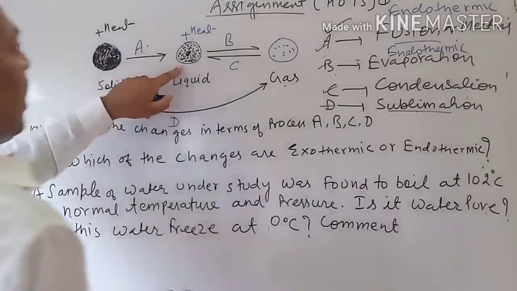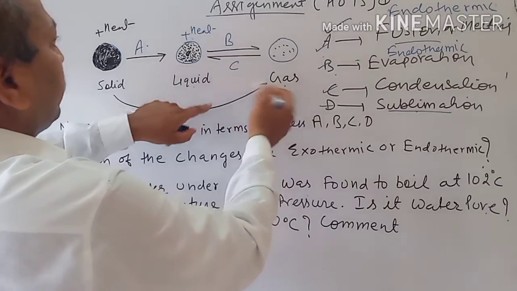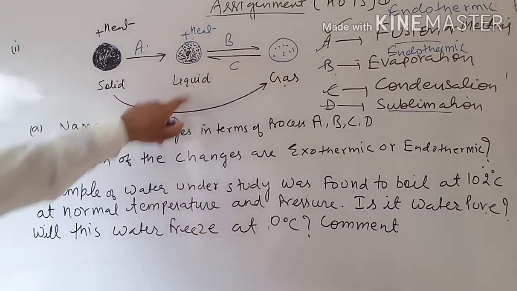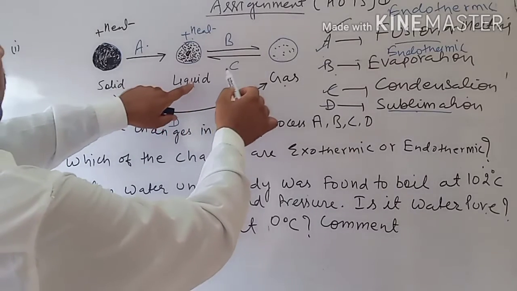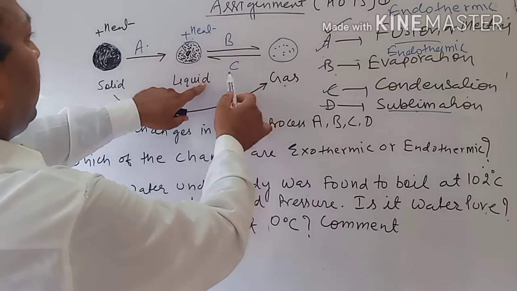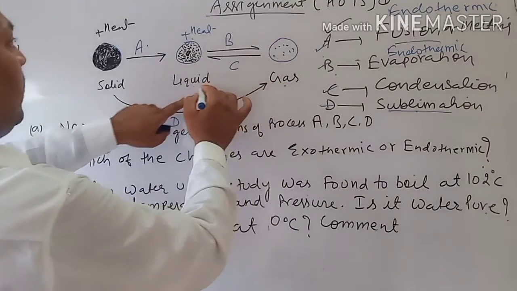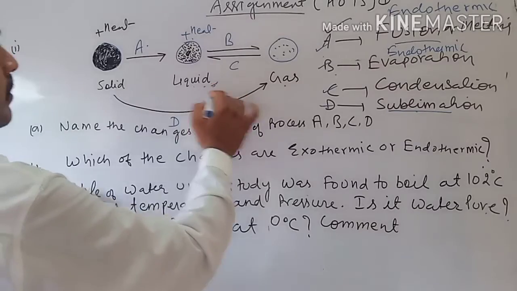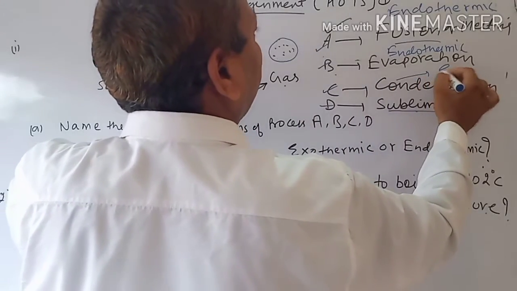Now when gas converts into liquid, see what would happen. Heat is liberated. Heat is evolved in this case, that is why process C is known as an exothermic process.